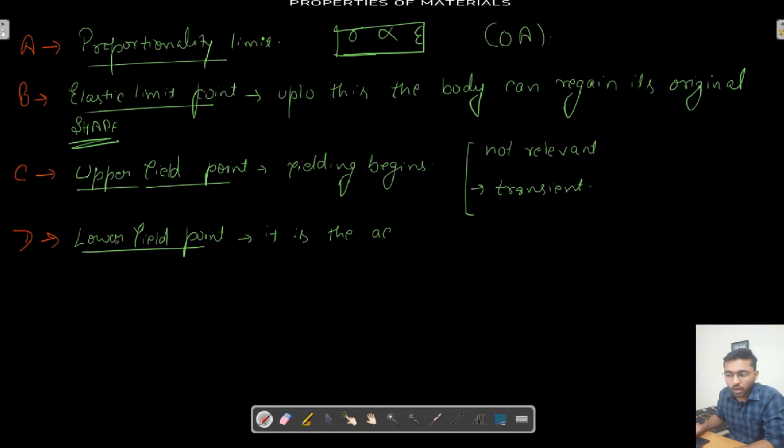Because the upper yield point is transient in nature and it is very hard to determine. Therefore, we only study the lower yield point. So we also say that it is the actual yield point.